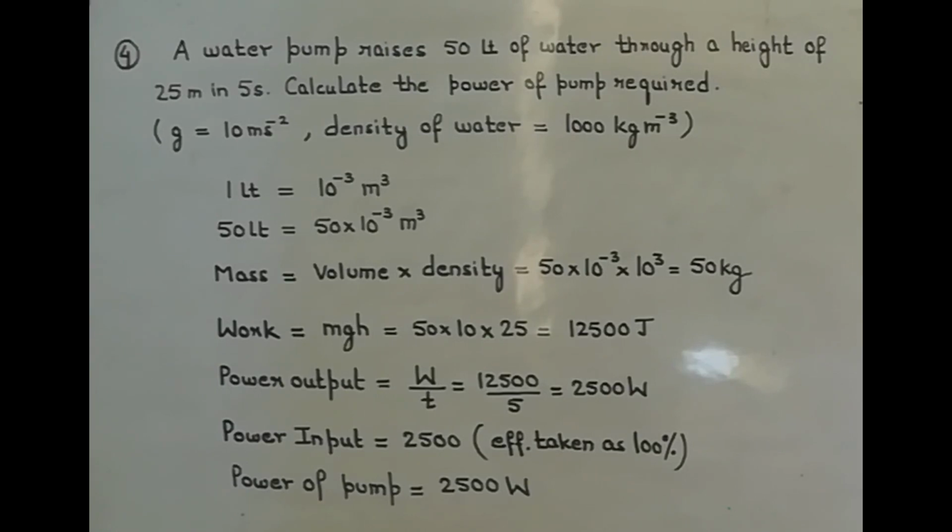Efficiency is equal to output upon input, and then you can calculate. But here efficiency is not mentioned, or if it is given 100%, then whatever will be the output, same will be the input. And input power means power of pump. So you can pause and note it down.